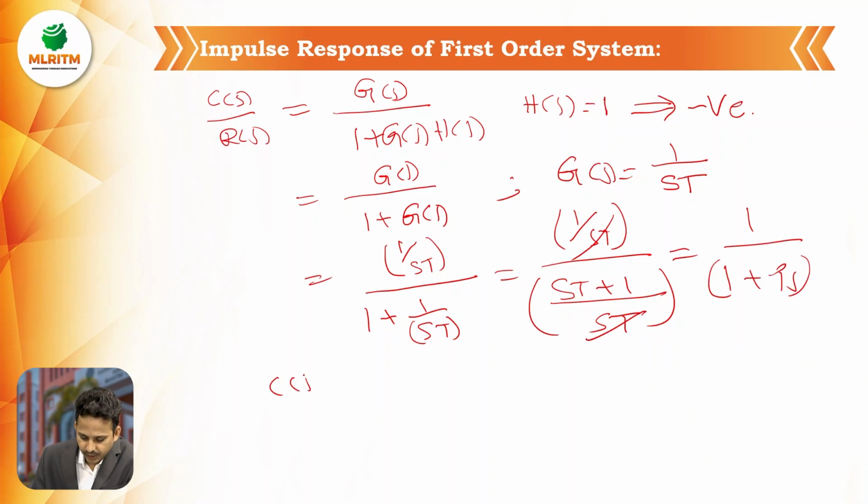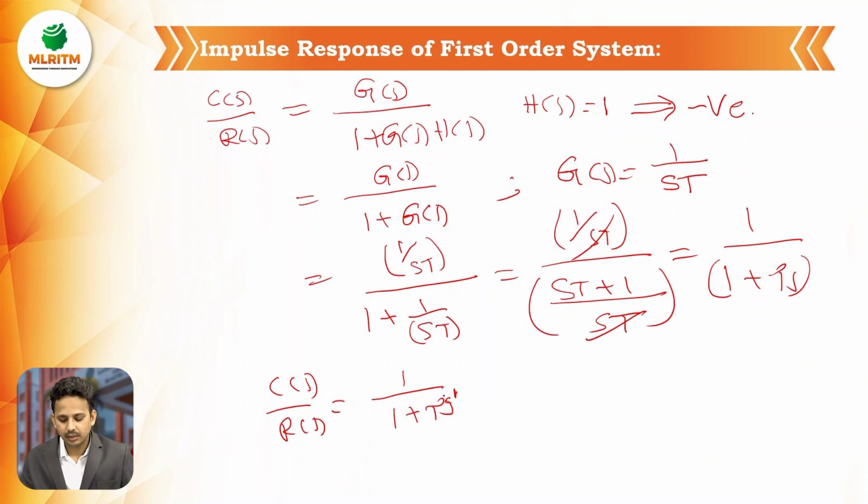So C of s by R of s is equal to 1 by 1 plus tau s, where tau is the time constant and s power is 1, so it is a first order system.